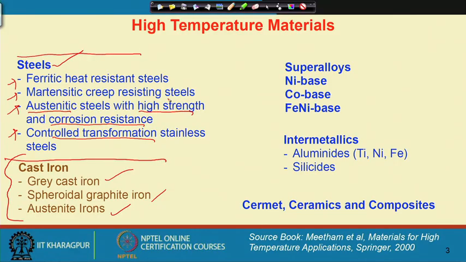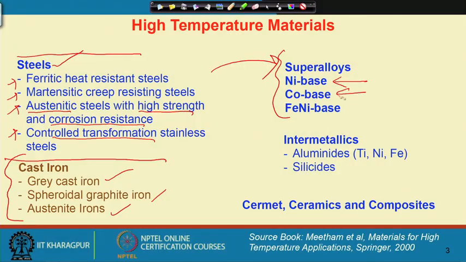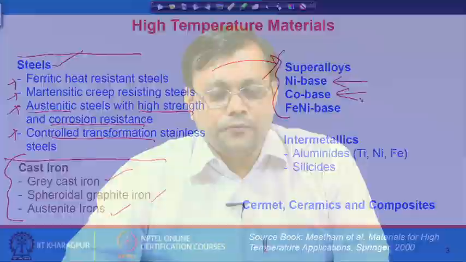Now, from steel, very advanced alloys like super alloys have been derived for the steam turbine. It does not necessarily mean that high temperature steels are no longer used. They are used more and more day by day due to the development of alloy additions and so on. So, these are also a class of advanced material along with the super alloys. Mostly nickel based and cobalt based super alloys are often used.